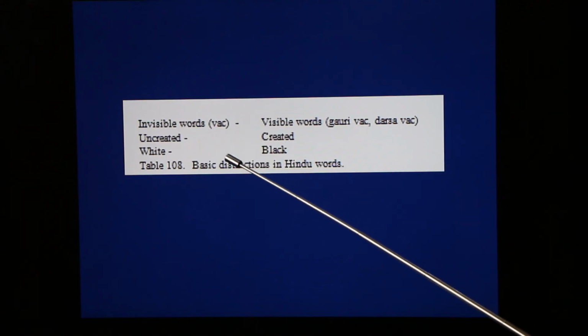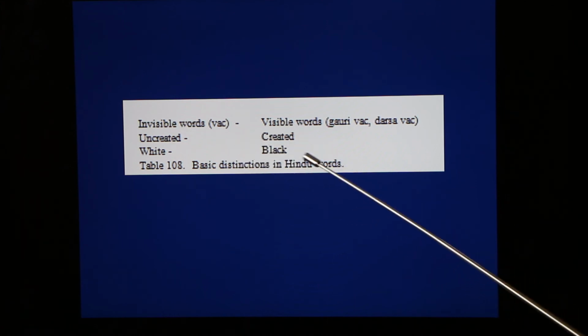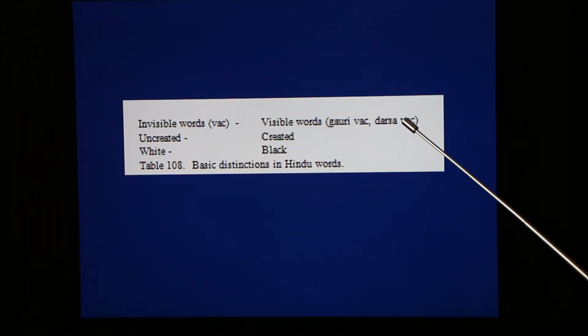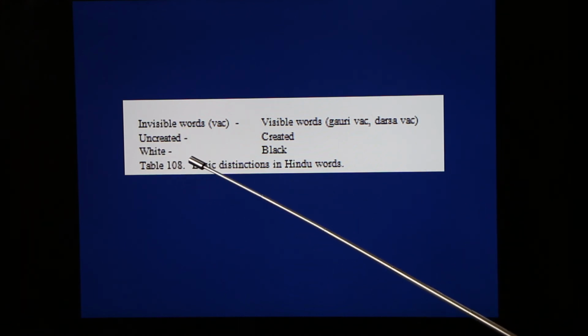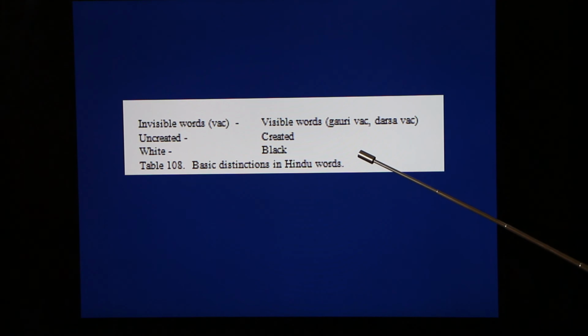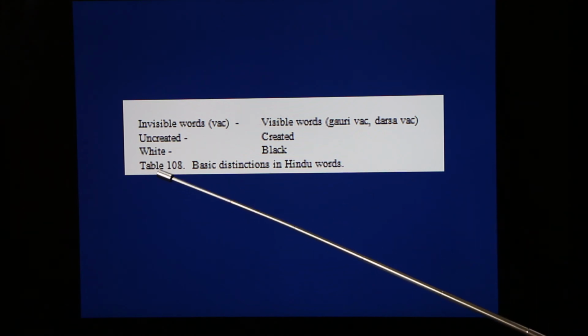Now, if we go back to the roots, it goes back to basic distinctions in Hindu words. We have invisible words called vak, and visible words called Gaurivak or Darshavak. The invisible words are uncreated, the visible words are created, the invisible words are white, the visible words are black.